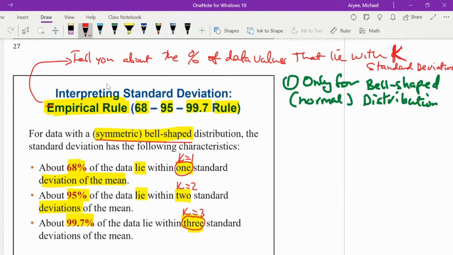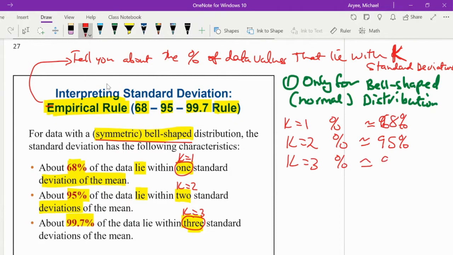So in terms of the empirical rule, when k equals 1, the percentage is approximately 68%. When k is equal to 2, the percentage is approximately 95%. And then when k is equal to 3, the percentage is approximately 99.7%. So know these things about the empirical rule.